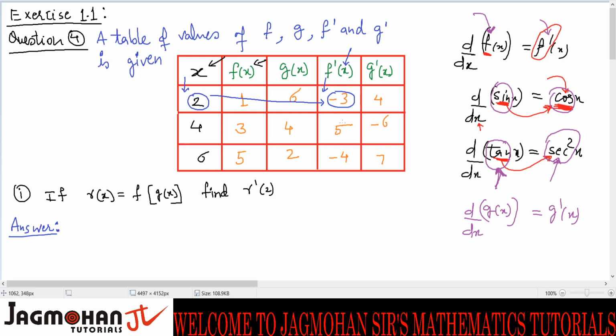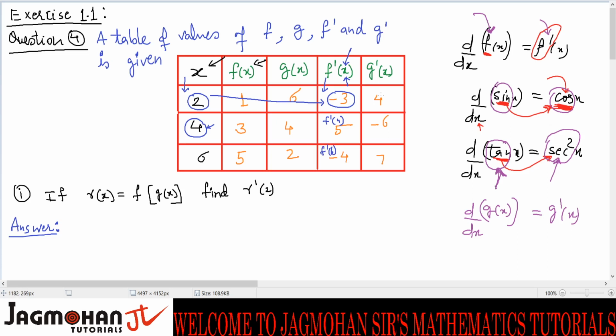What is this, students? This will be f dash 4. You are just writing x value 4 for f dash x. You plug in 4 here. So this is f dash 4. f dash 4 is 5. Then here you have f dash 6 and so on.